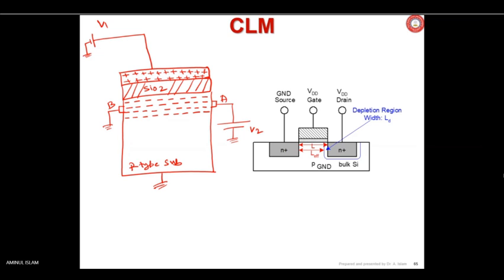Now, I was showing the connection in this way, making a contact from the side. But remember that whatever I am showing here is a cross-sectional view.